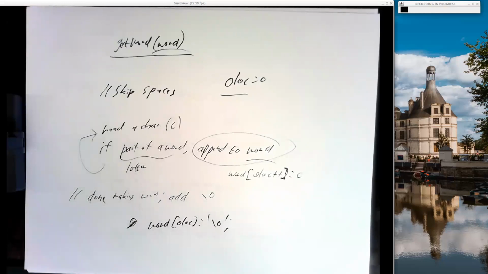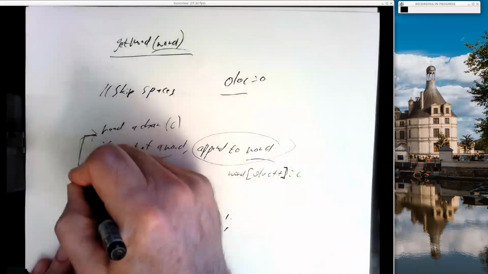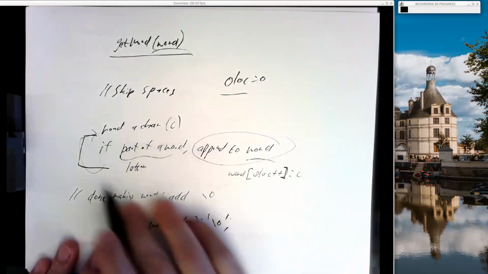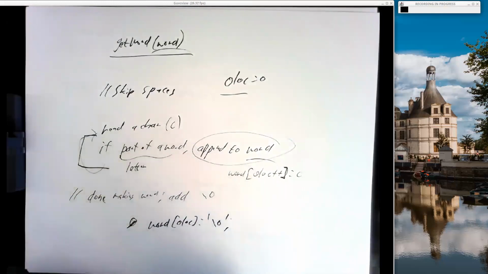Okay, so right after the is alpha function, if that makes sense. After the loop, so this is some kind of loop that's reading characters, and if the character is an alpha, we append it to the word. When you read a character and it's not an alpha, it's either end of file or it's a space.